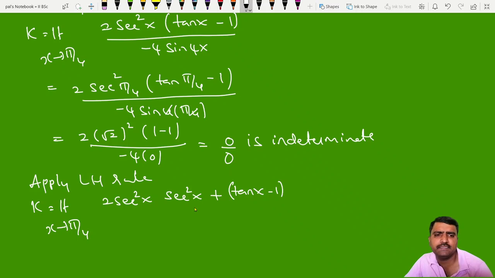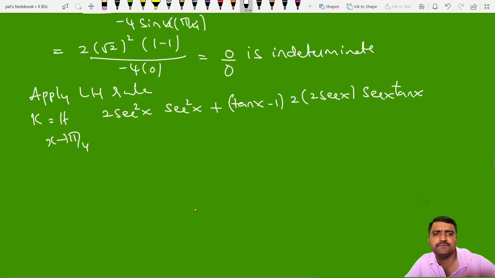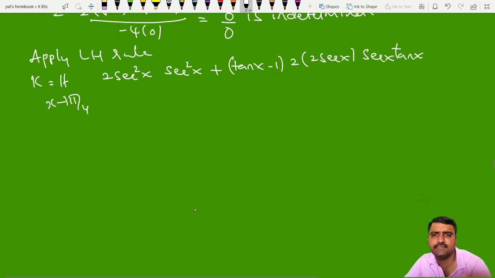Differentiation of 2 secant square x is 2 into 2 secant x, differentiation of secant square x is 2 secant x into secant x tan x. In the denominator we have minus 4 of sin 4x. Minus 4 of differentiation of sin 4x is cos 4x into 4.